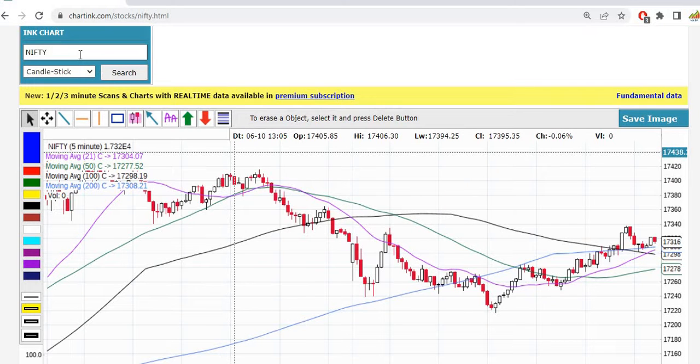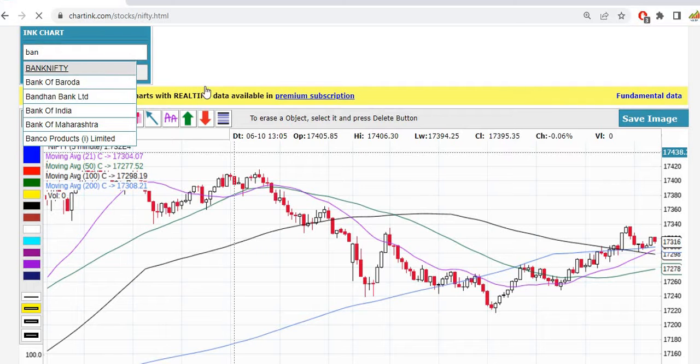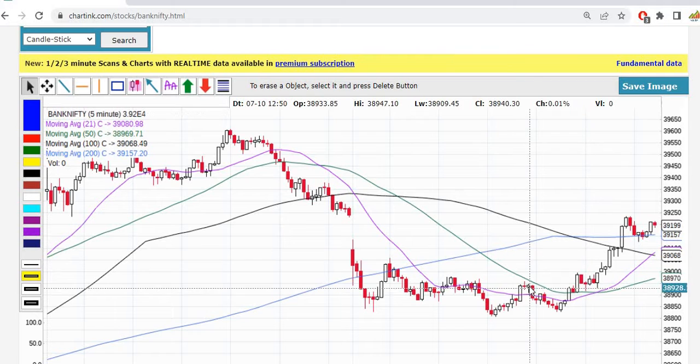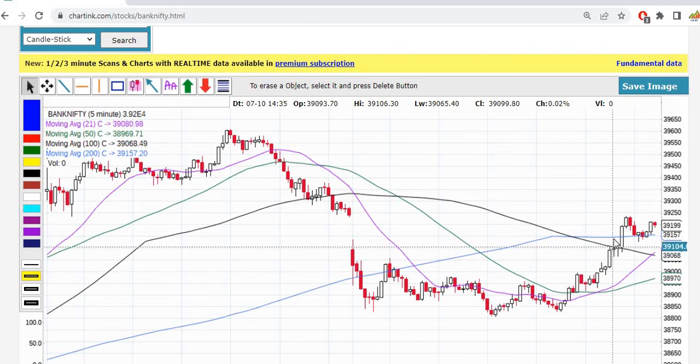Let's go to Bank Nifty. This is yesterday's intraday chart, October 7th. The market had a gap down opening. Most of the day it stayed around 38,900 levels, in a range on the downside, and in the afternoon there was intraday short covering, so it moved up.